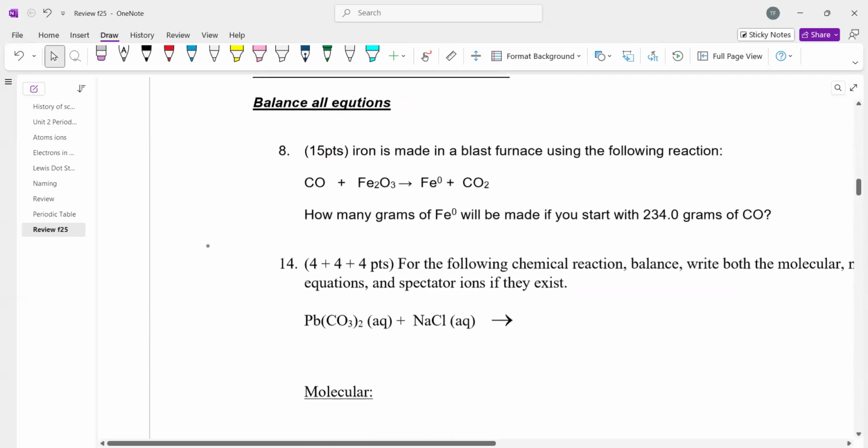Okay, so this is a stoichiometry problem. Iron is made in a blast furnace using the following reaction. Interestingly, they get iron from rust. Fe2O3 is rust. Okay, so is it balanced?